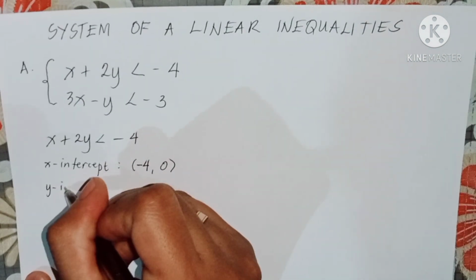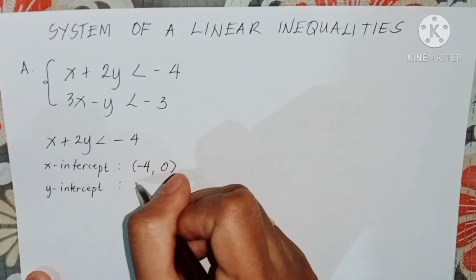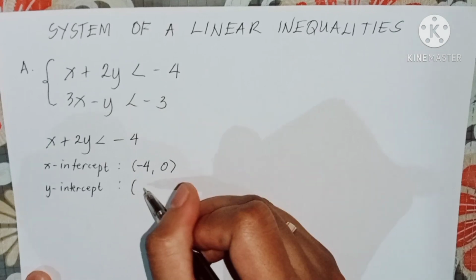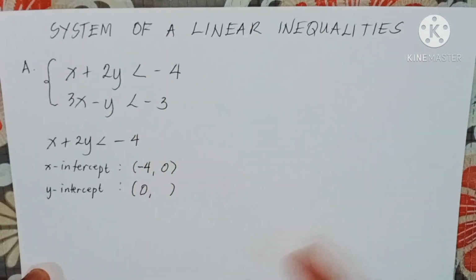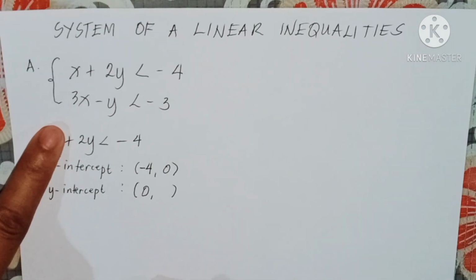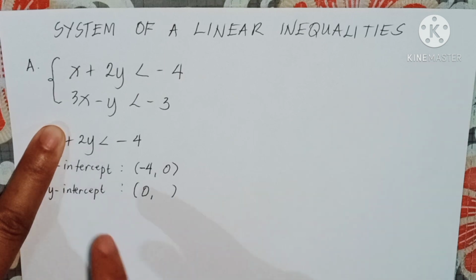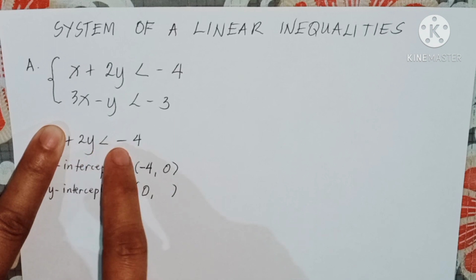How about the y-intercept? In the y-intercept, we set x as 0. So we cover the x variable because that is considered 0. So that will become 2y is equal to negative 4.